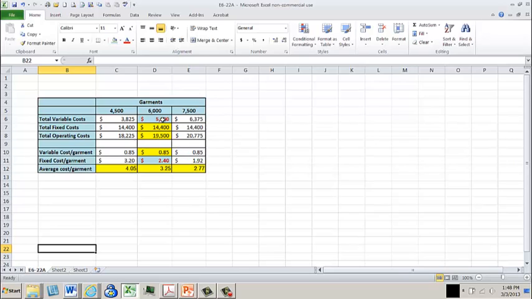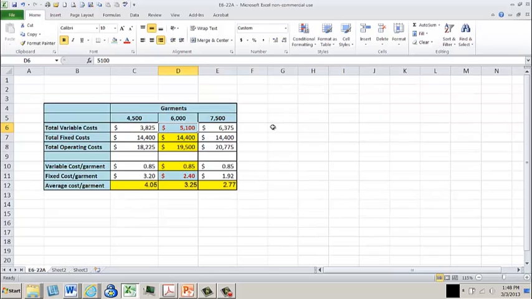Okay, the problem's giving you the units along the top, and it's telling you that the variable cost for this number of units is 5,100 and the fixed cost for the garment is 2.4. So how do you do this? Well, if I would use Excel, the first thing you're going to come up with is you know the variable costs and you know the fixed costs per garment.